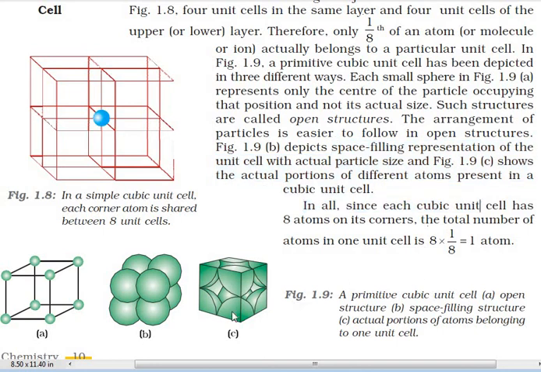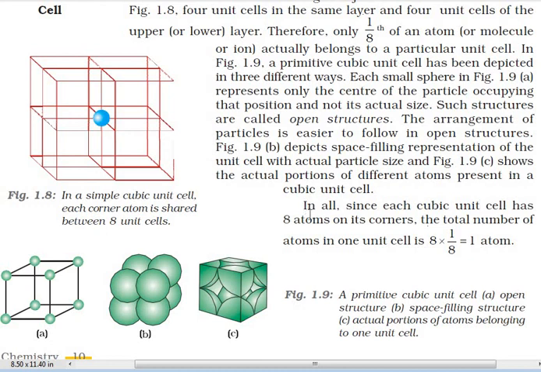So now you can see in between this there is some space. If you carefully observe, some space you can observe, that is called the void or hollowness, and the maximum capacity of occupying the unit cell is defined as the packing efficiency. The packing efficiency is what you are going to learn in the next video lecture.